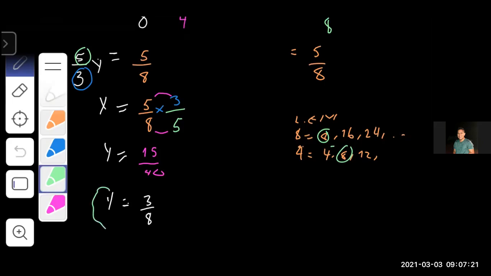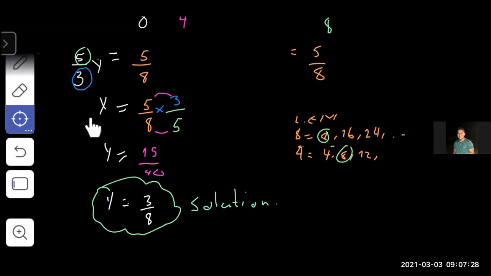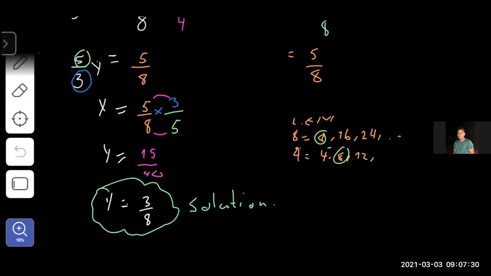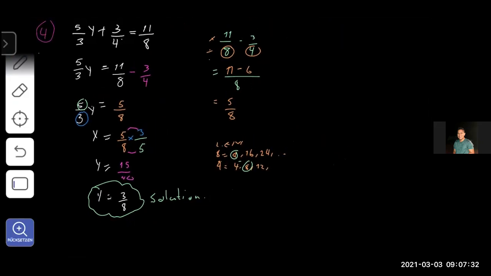And this is our solution. Excellent, guys. This is how we solve it. This was a little bit long to solve, but basically this is what we have to do in order to solve linear equations.